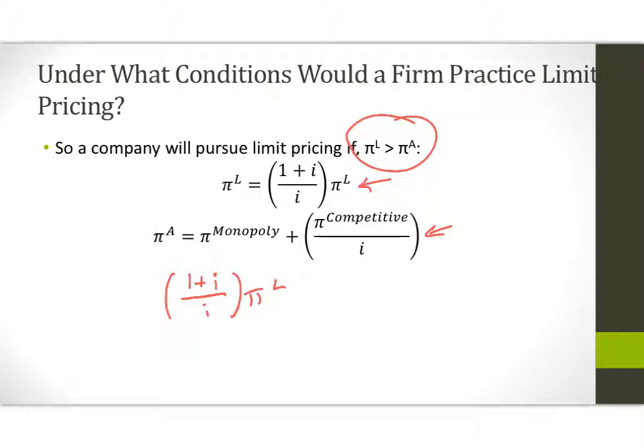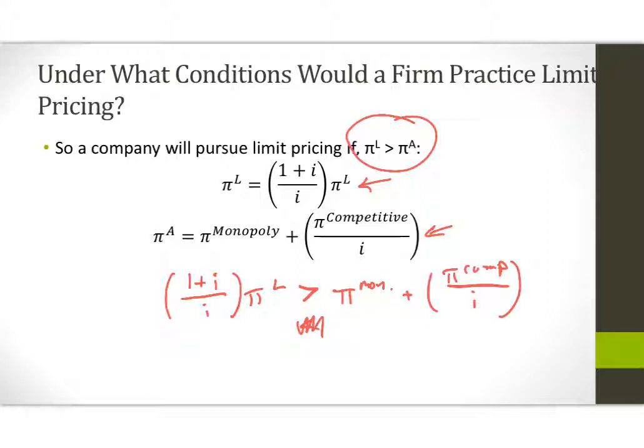We're going to compare that to profit monopoly plus profit competitive over I. If this is greater than, then they will limit price. If it's less than, then they would not limit price. And if they're equal, they'd technically be indifferent.